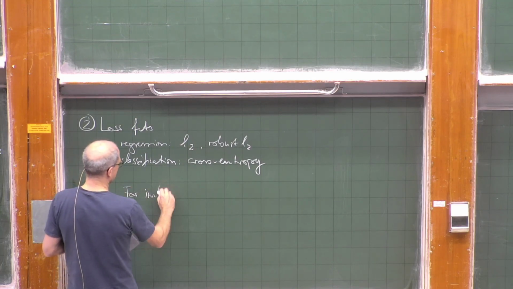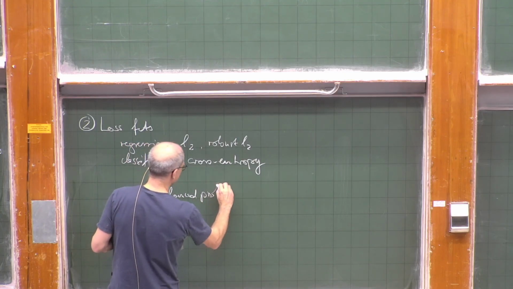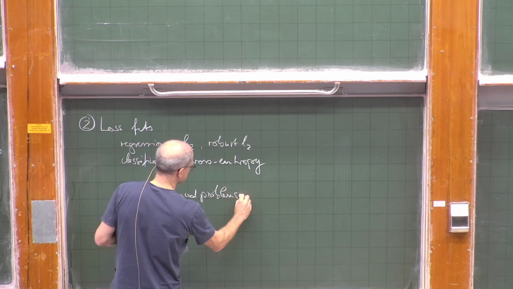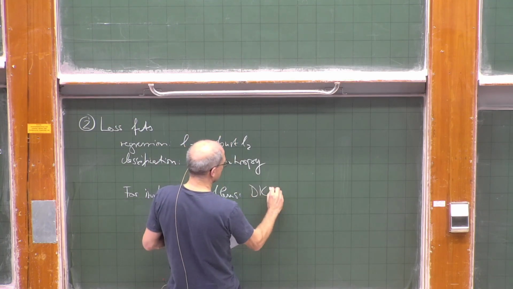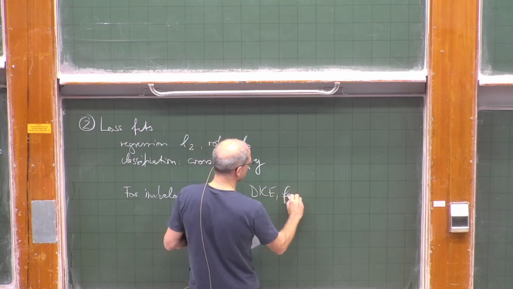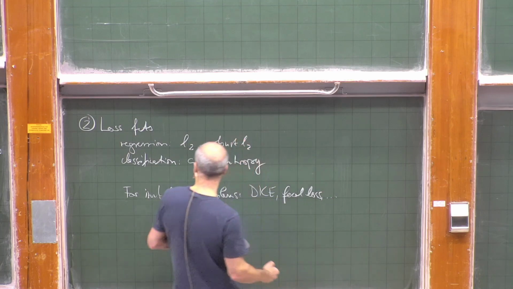Okay, so let me say for imbalance problems where you care more about getting one class right than the other, you can do things like dice, or there's something like the focal loss, and many others.